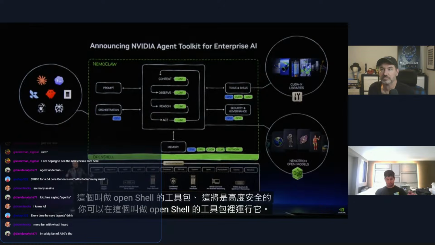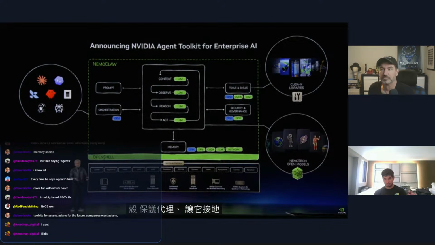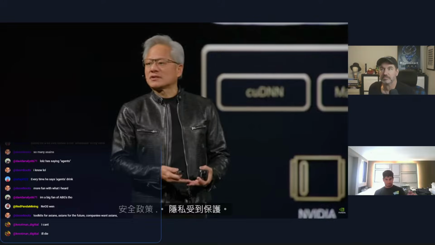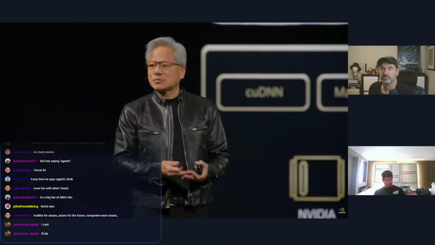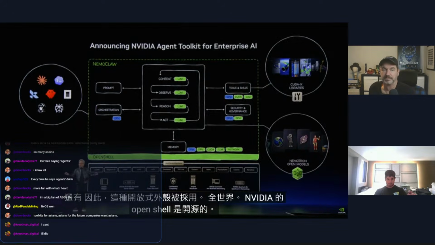The shell protects the agent, keeps it grounded in security policies. Privacy is protected, its rights and privileges are given, its identity is protected. And so this OpenShell is being adopted all over the world. NVIDIA OpenShell is open source. You're going to see so many companies adopt it.